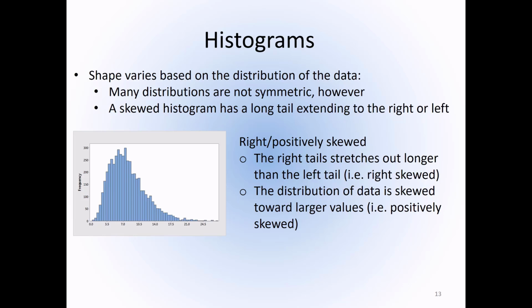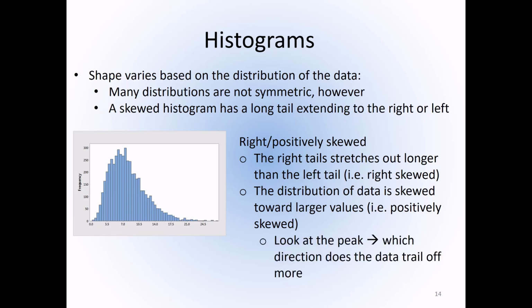So if we think about our distribution and our data, we've got more larger values than we do smaller values. And in order to distinguish which direction the particular data is skewed towards, you can look at the peak of the data. Here it's around 7, and then you can see which direction the tail trails off to more, and in this case it's to the right.